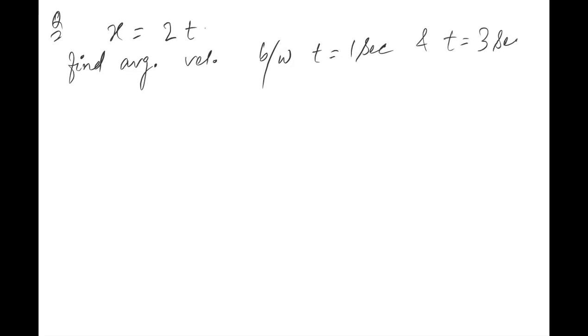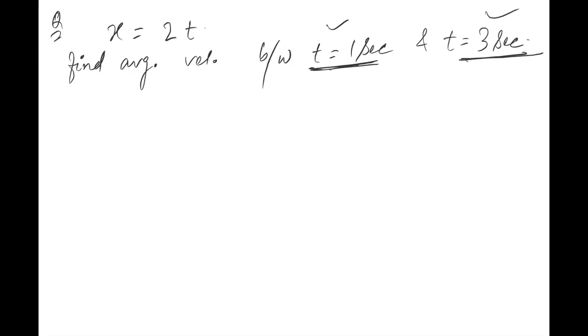Did you understand? Is this average or instantaneous? Because you are supposed to calculate the velocity between t equal to 1 and 3 seconds, this would of course be average. Why? Because it is not at any particular instant.